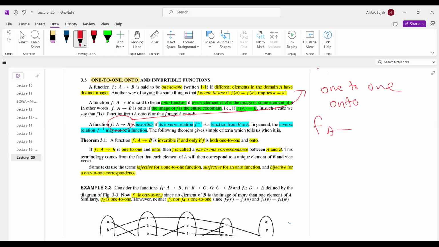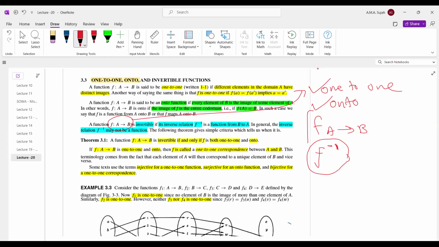Let's say f from A to B is a function which is one-to-one and onto, then this function has an inverse relation. The inverse we write as f to the power of minus 1. This is the notation to indicate the inverse function, right?